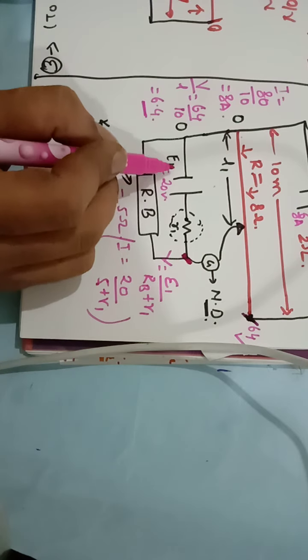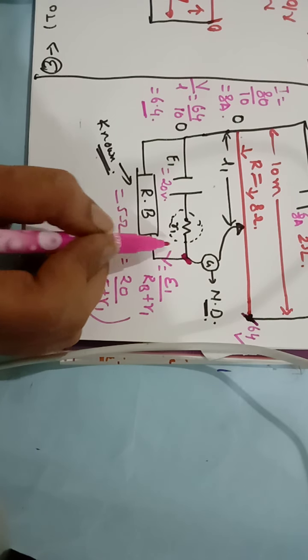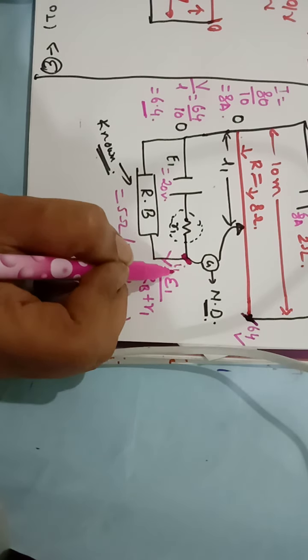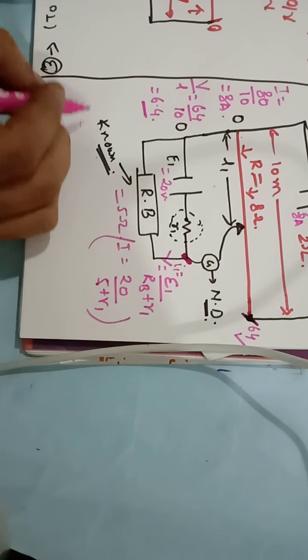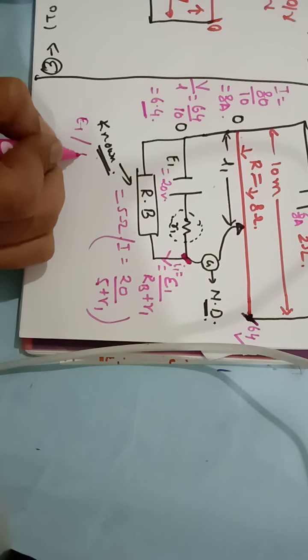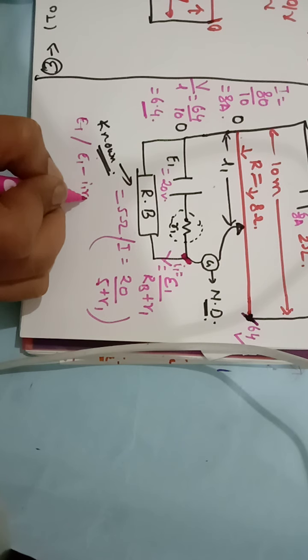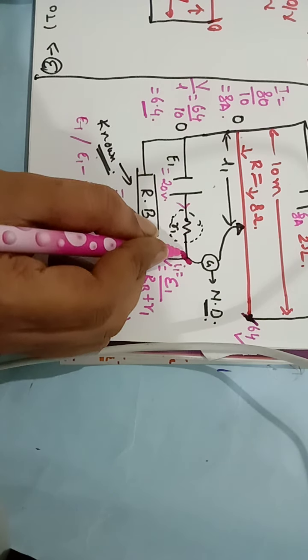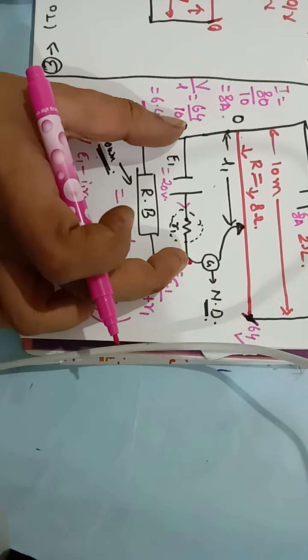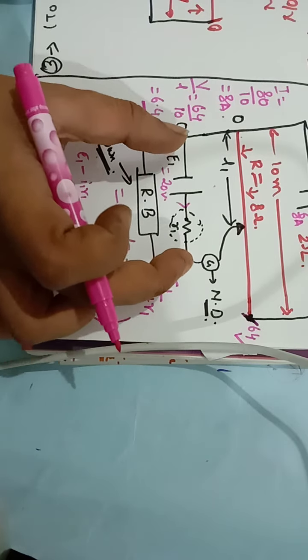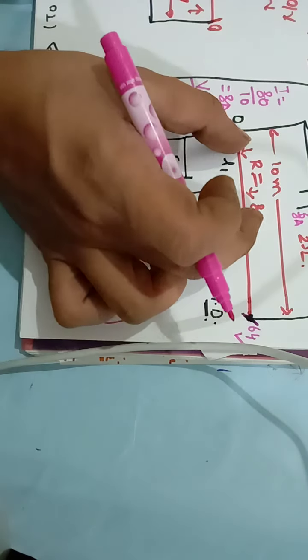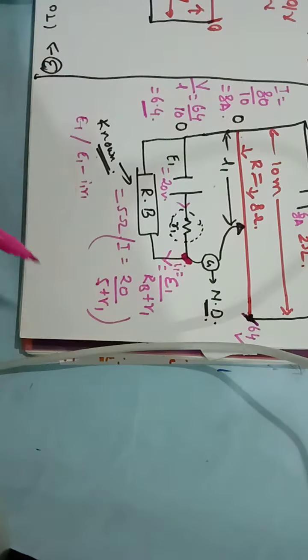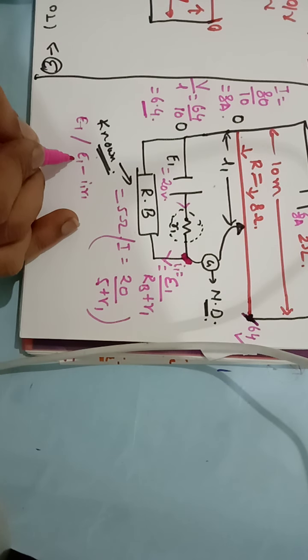It will be E1 minus I1 R1. I1 R1 will be the voltage drop, and it will be here, right? So we are actually calculating this value right here using this. It will be E1 minus I1 R1.